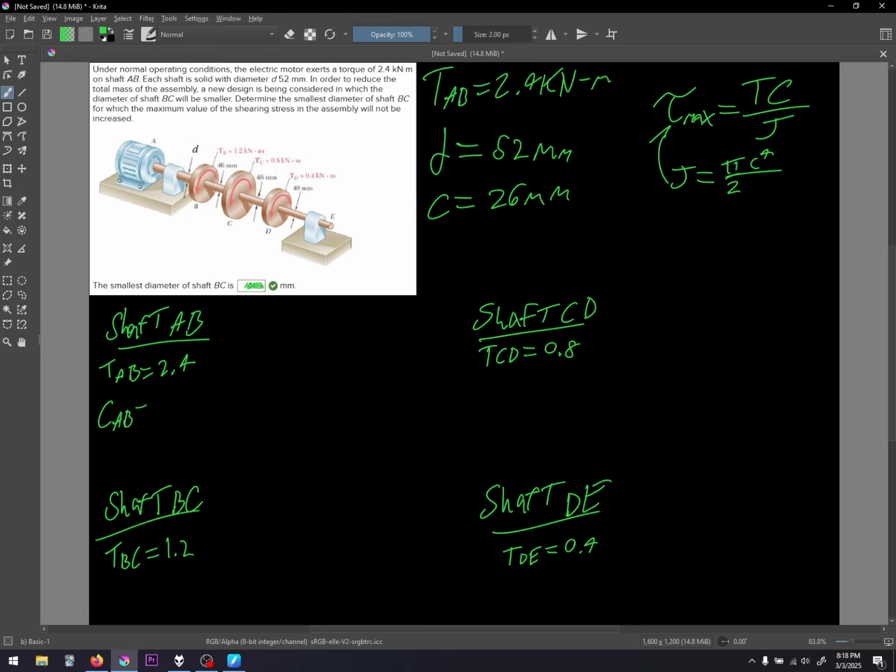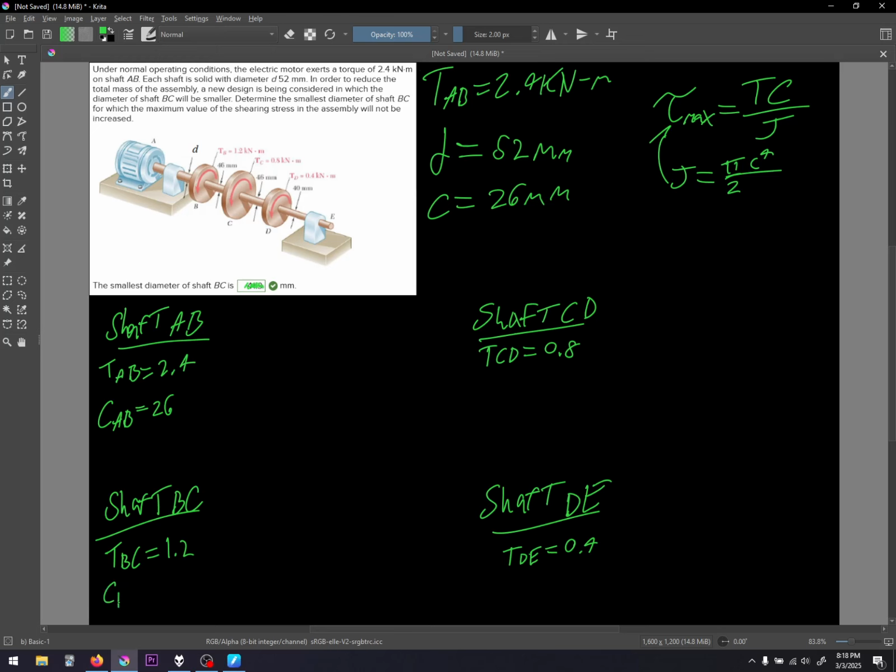So CAB is 26 millimeters, and 26 e to the negative third is 0.026 meters. Okay, that's a kilonewton. I didn't move that. So this number is going to be a bit weird, but we'll find it out.